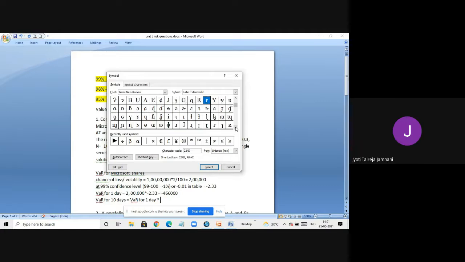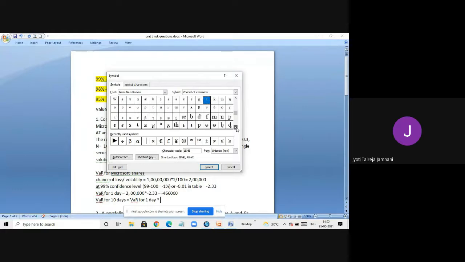Otherwise, I'll write it in words, square root of. I'll check if I can find it later and add it and share the document with you.